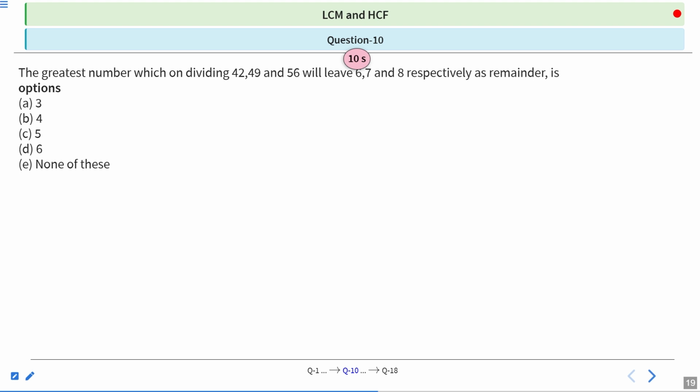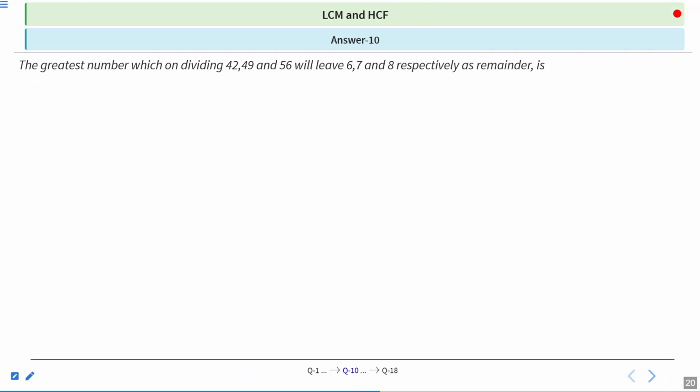I'm giving you 10 seconds to find out the correct answer, and after that I will do the solution for you. So we have to find the greatest number which on dividing these three numbers is leaving remainder 6, 7 and 8 respectively.